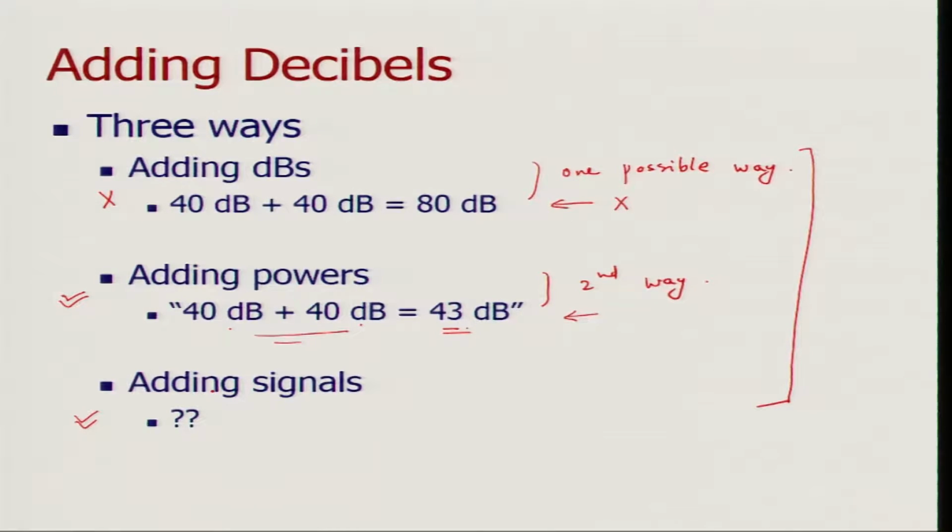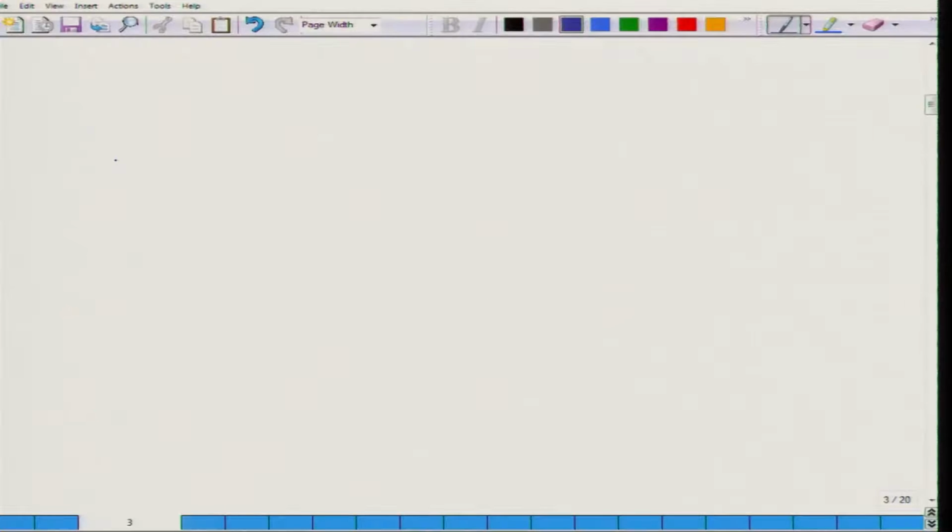There is another scenario where we do not necessarily have to add power, but rather we add up signals. So, that is what I wanted to talk about. So, the question is, do we add powers or signals?